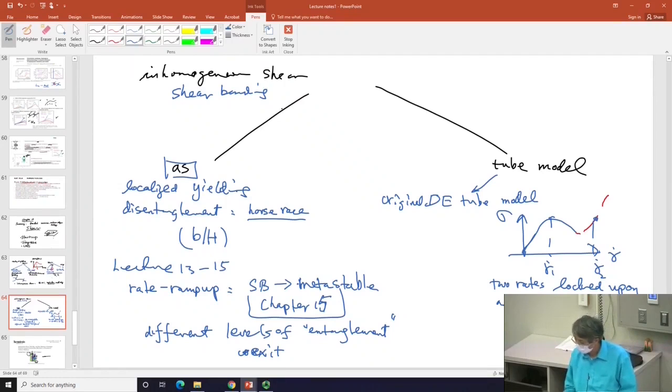And the issue with this scenario, I shouldn't write just for phenomenological, for accuracy. The axis is V over H. So you can have all different values applied nominally, and then they will phase separate into two rates.